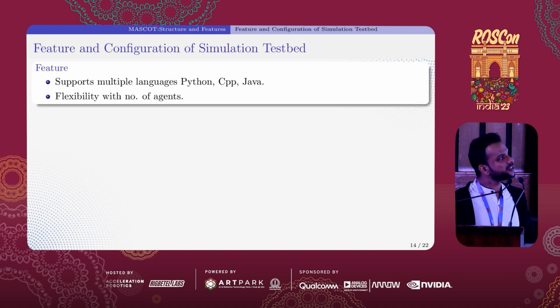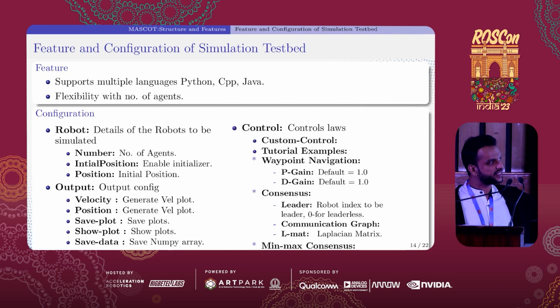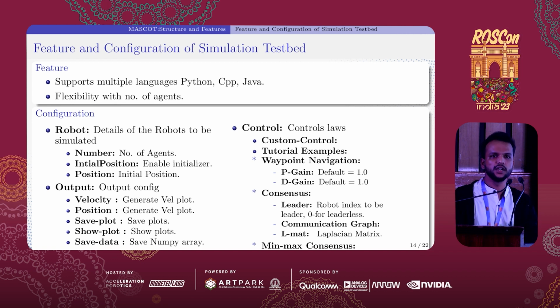Talking about the features, as I told you, we have tried to make it very simple for researchers to deploy their algorithms. They can directly set configurations, like which robots they want to deploy, how many agents they want in the simulation, and what their positions will be.